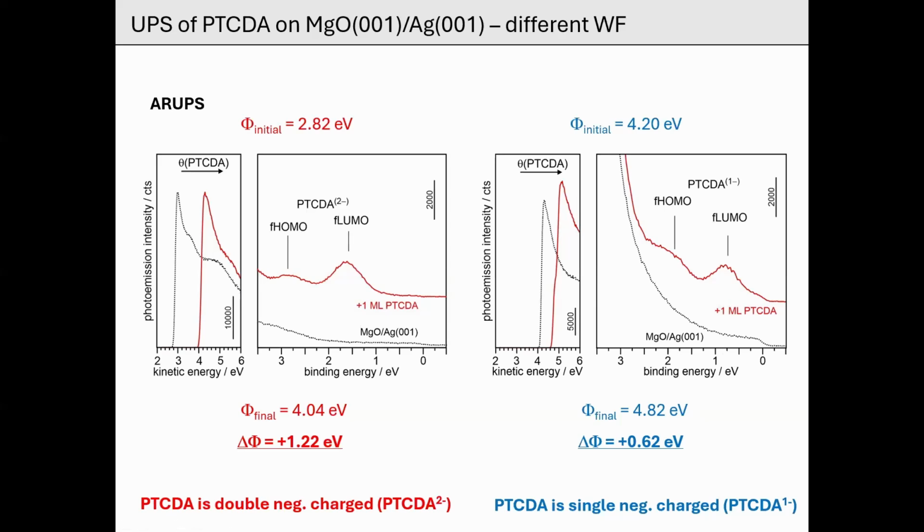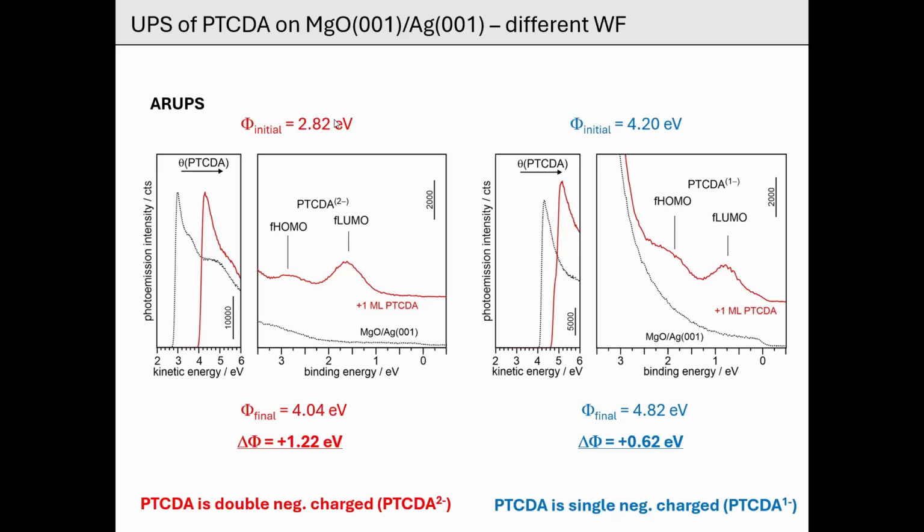Now, simple capacitor model, if the potential difference is just halved, then the number of charges is simply half of that from before. So this means that we either have half of the amount of doubly charged and uncharged, or just the same amount of singly charged. And we can now probe, by tuning the work function, the region between this extreme and this extreme.